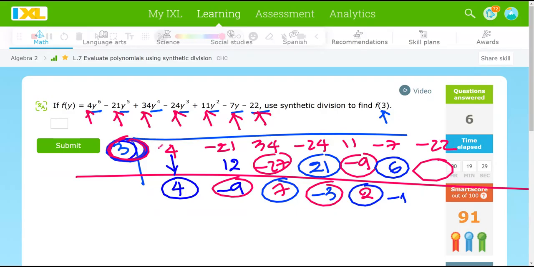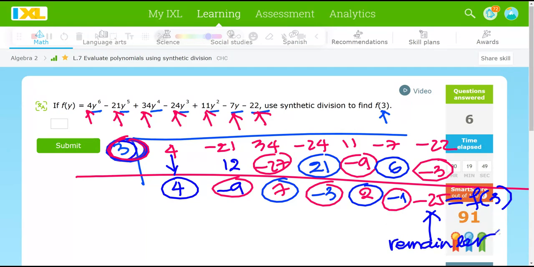I take number 3. Multiply with negative 1 is negative 3. So negative 22, add with negative 3, negative 25. And negative 25 should be equal f of 3. Again, negative 25, we call it remainder. So the answer is negative 25.